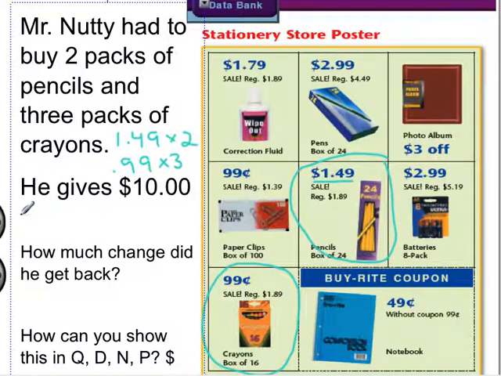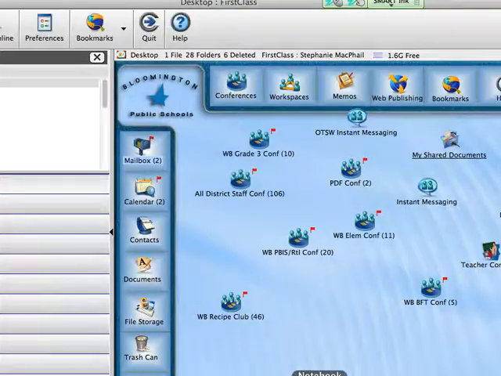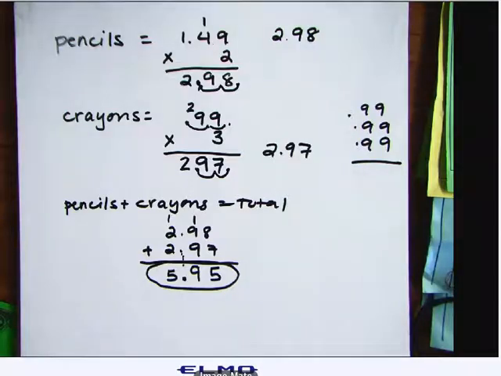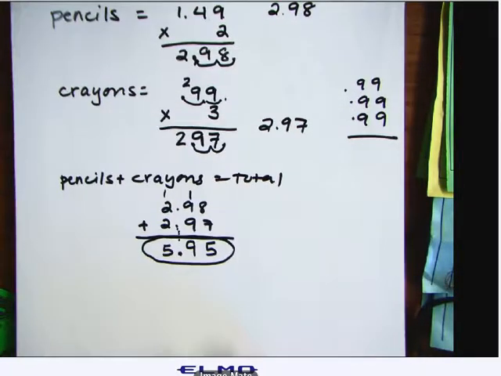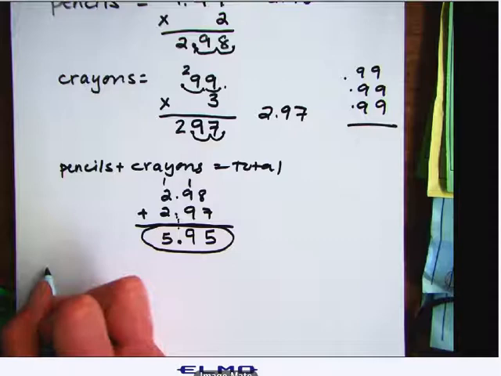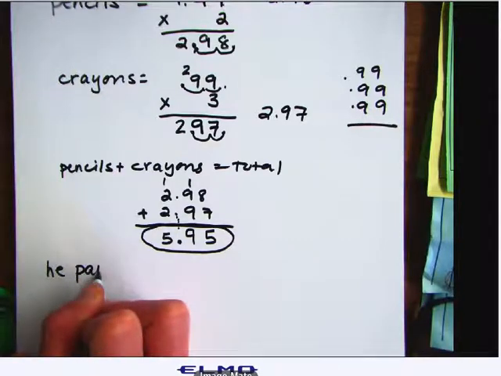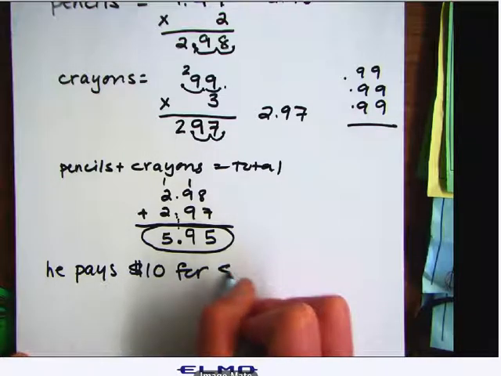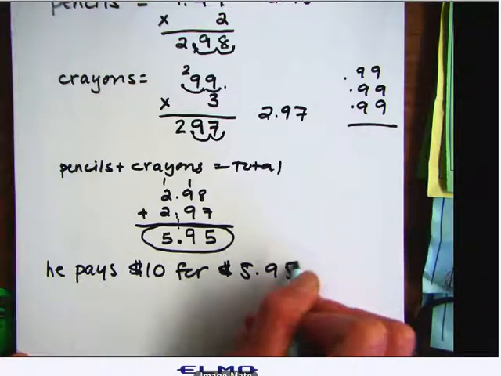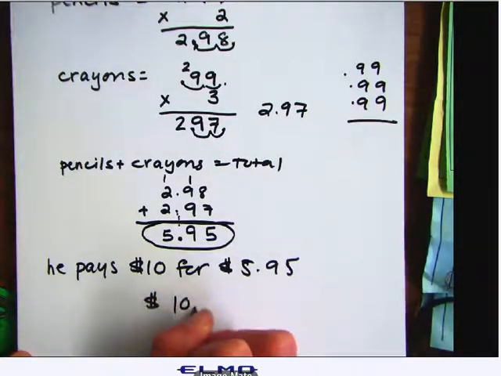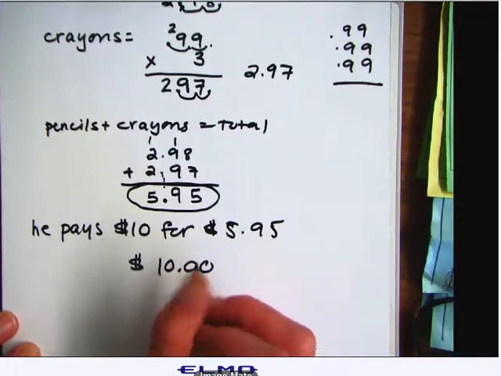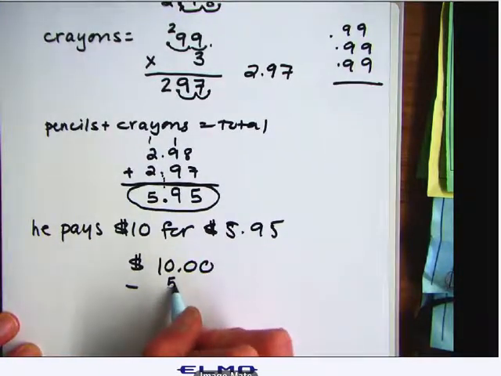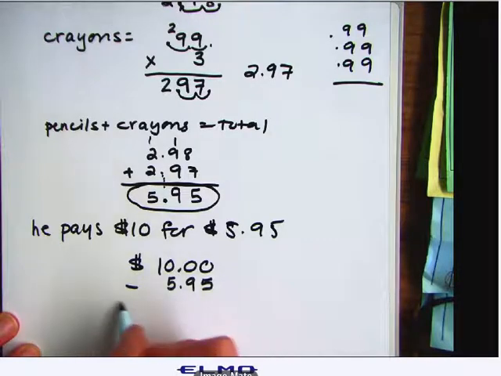So it cost $5.95, and we need to find out how much change he got back, and he pays with $10. Kind of all over here, sorry. So he pays $10 for $5.95. So we're going to write $10, bigger number on top, minus $5.95.